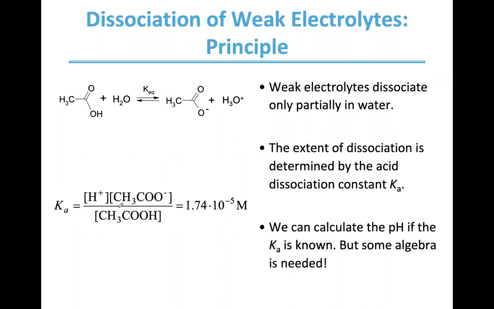So dissociation constant for acetic acid, right? Here's acetic acid interacting with water, where water picks up the proton from acetic acid to give you acetate and hydronium ion. And the dissociation constant is this. And this is the number which has been experimentally determined, right?